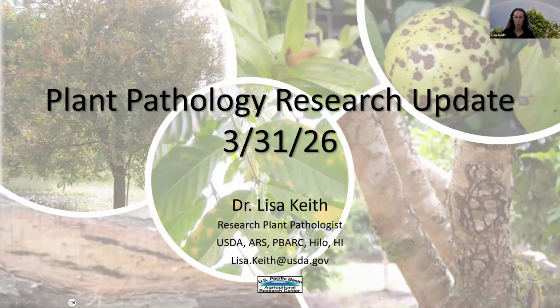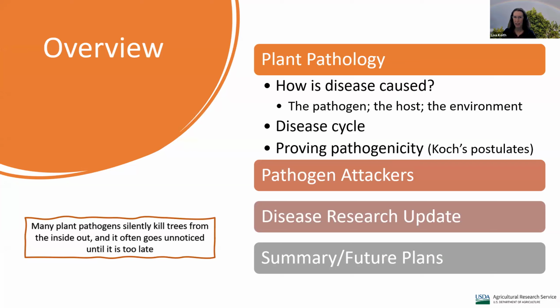So for today, I'd like to really just get on the same page as far as some of the plant pathology definitions, talk about really briefly how disease is caused, get into these host pathogen interactions that we've been working on in the last couple year updates, and then give an overall summary and talk about some of our future work.